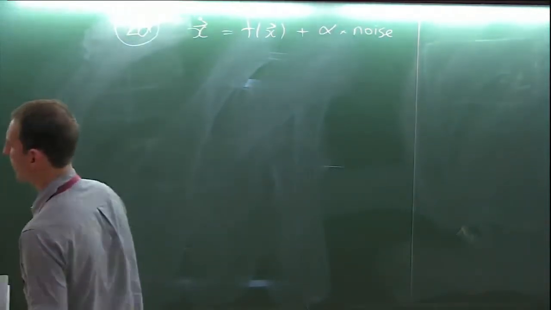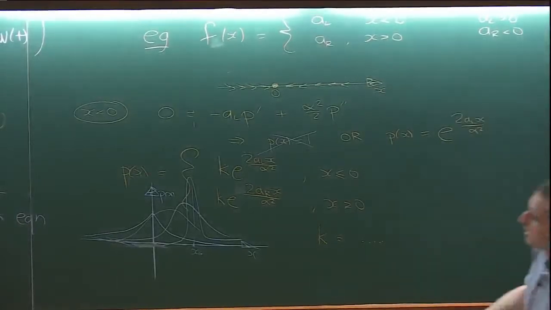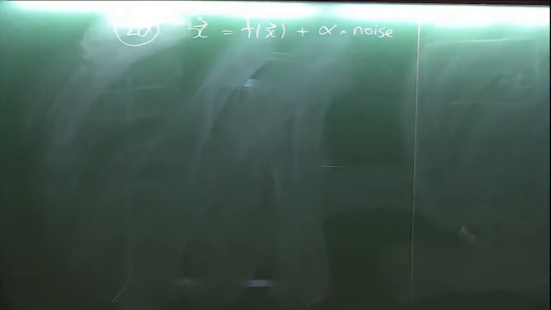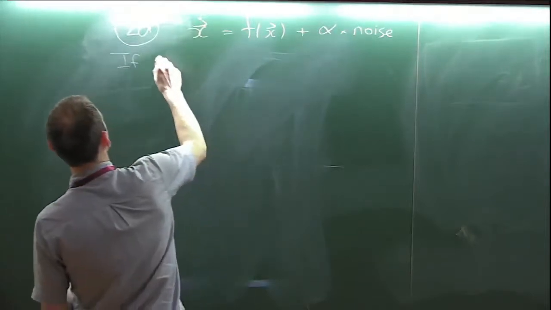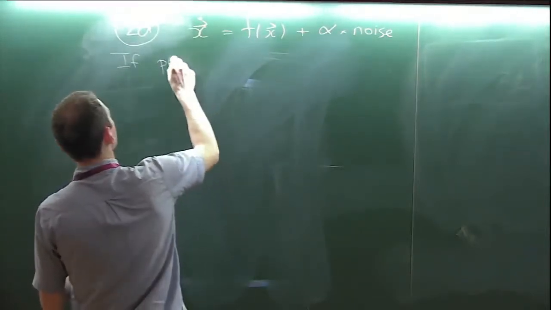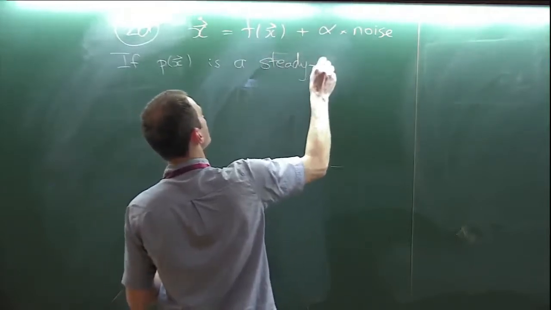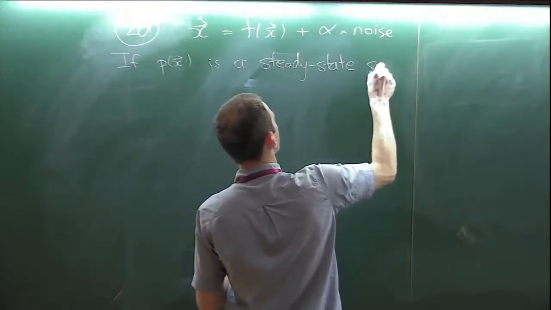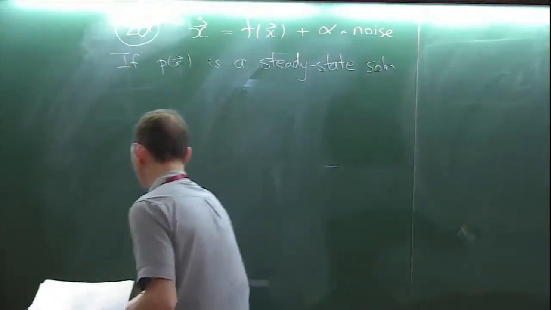And we can do the same sort of thing. We have the Fokker-Planck equation in the same kind of way, but instead of del del x, you have a nabla, taking the gradient. And so if P is a steady state solution, or PDF, I would say.